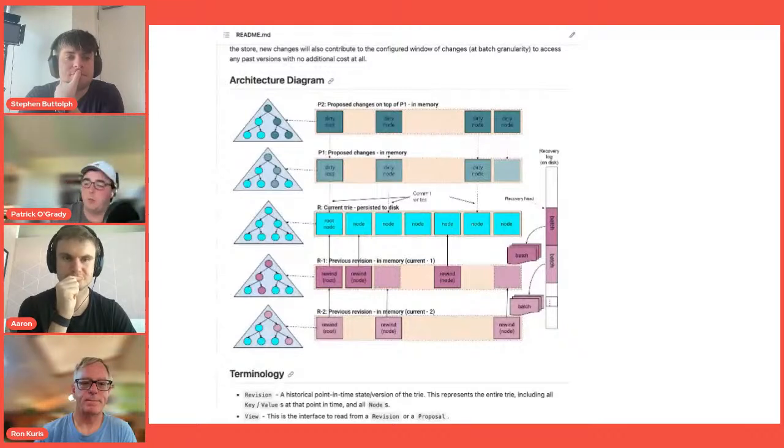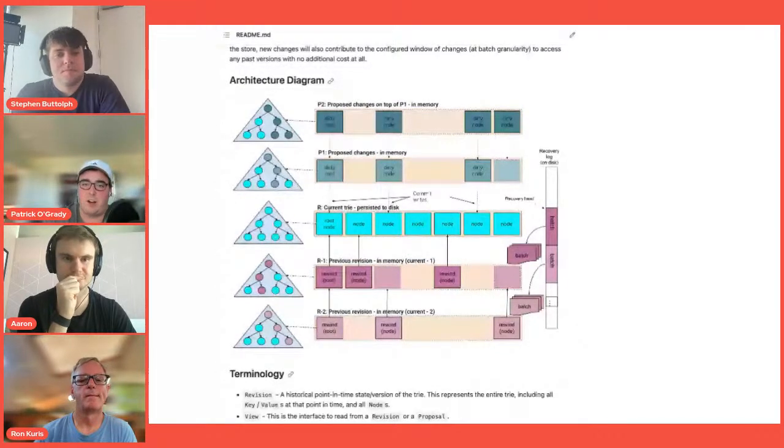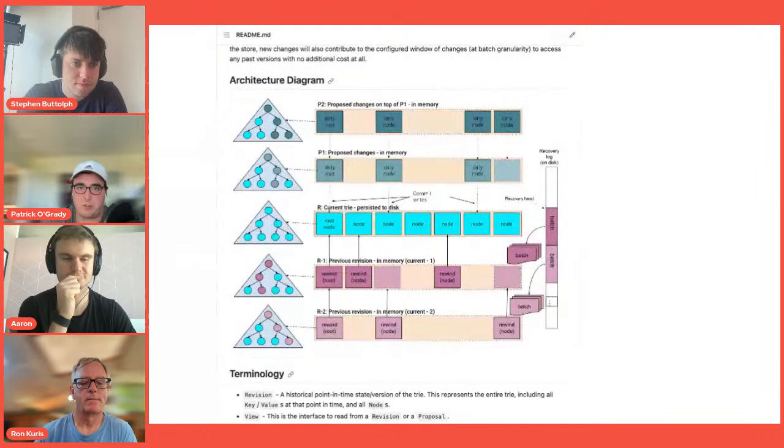Some folks, which is interesting, I wanted to give a shout out to, the Aptos research group, implemented this thing called a jellyfish tree, which has keys that are prefixed by the height they were modified at, so that when you use an LSM database, it doesn't trigger a bunch of compactions on disk.